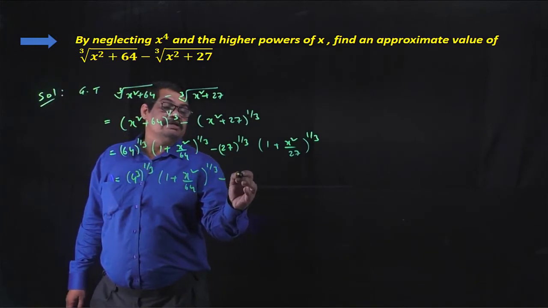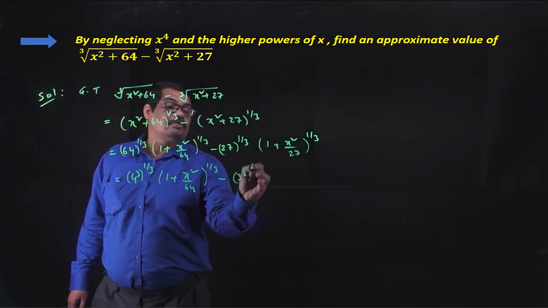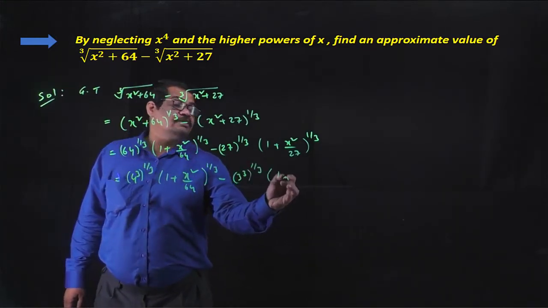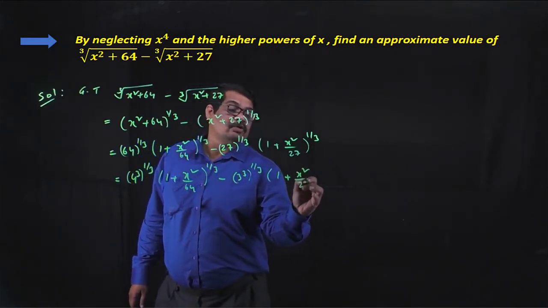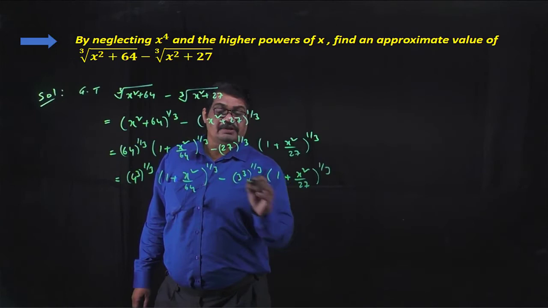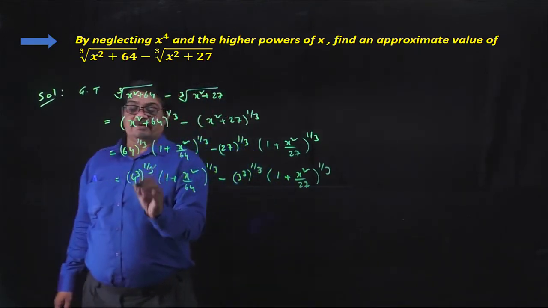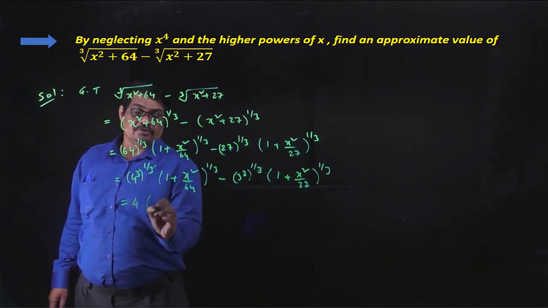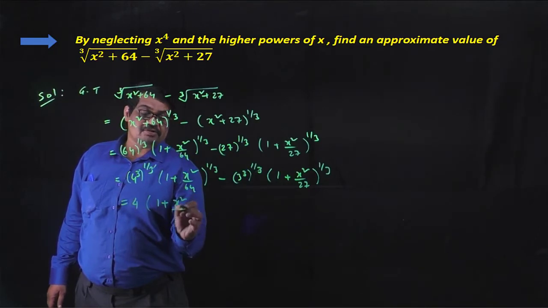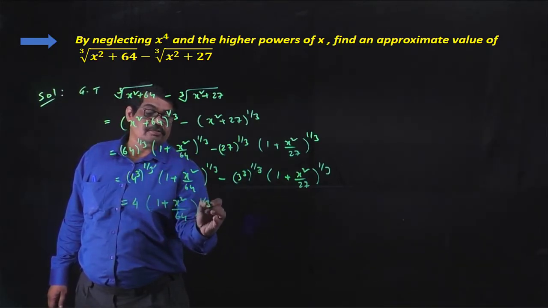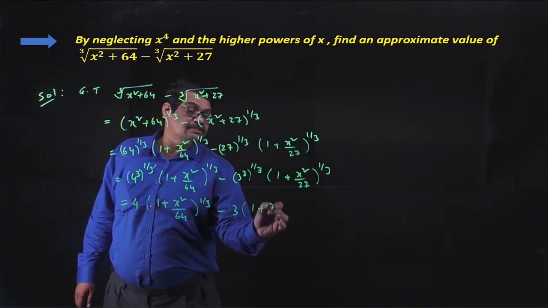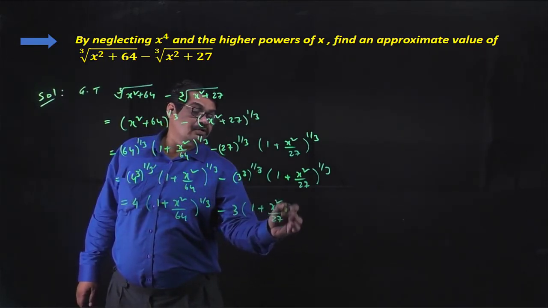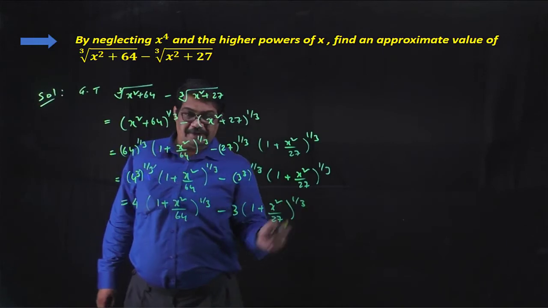This can be written as (3 cube) whole power 1 by 3 into (1 plus x square by 27) whole power 1 by 3. This 3 and this 3 will be cancelled. Here 4 into (1 plus x square by 64) whole power 1 by 3 minus 3 into (1 plus x square by 27) whole power 1 by 3.